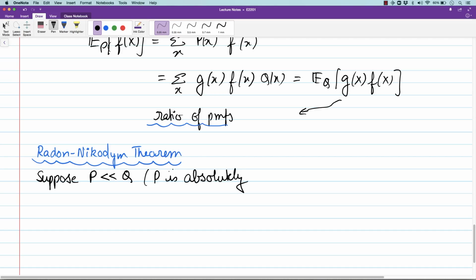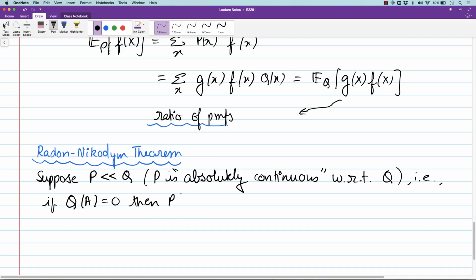What does it mean? That is, if Q of A equals 0, then P of A must be 0.